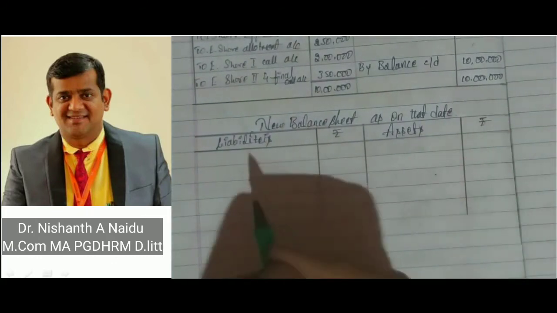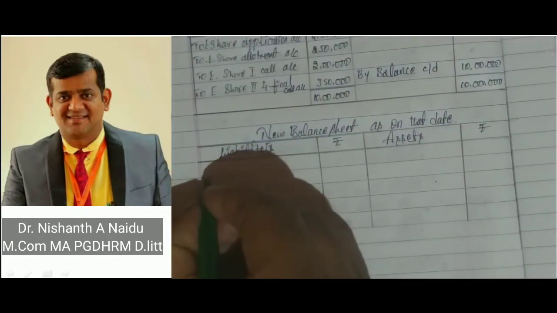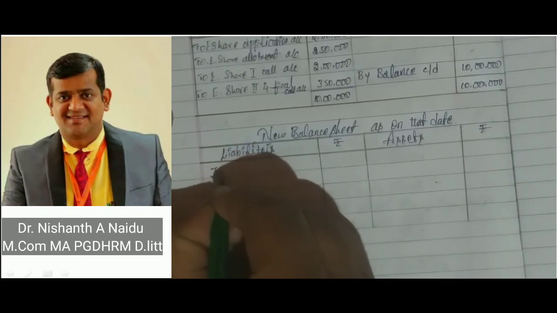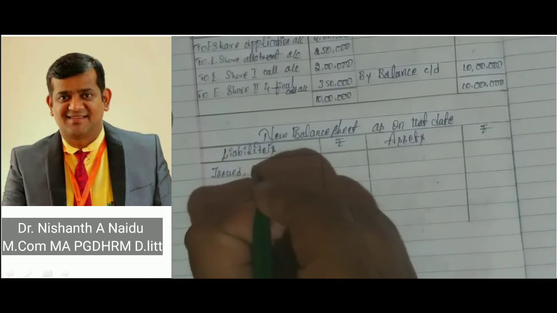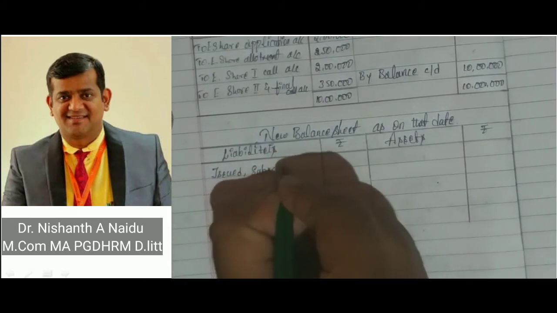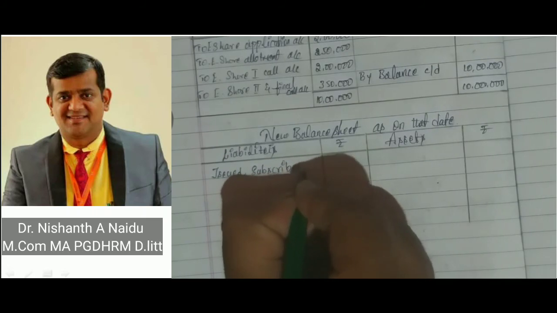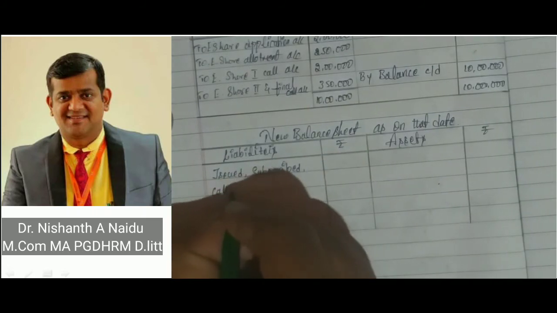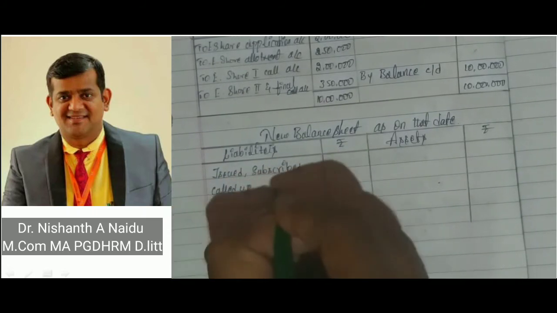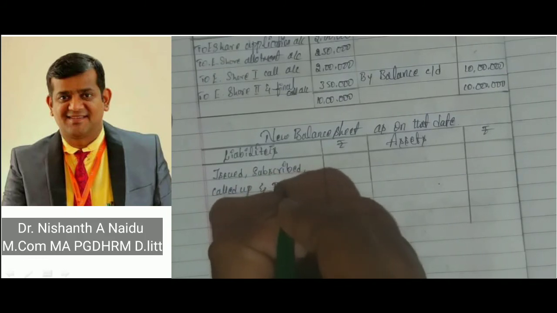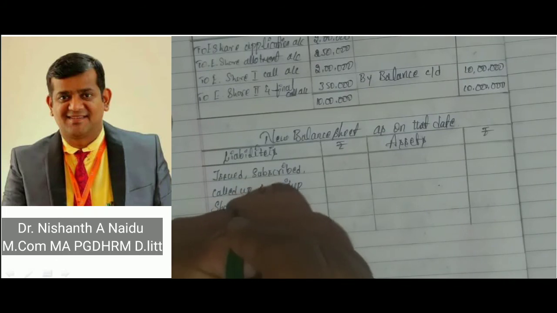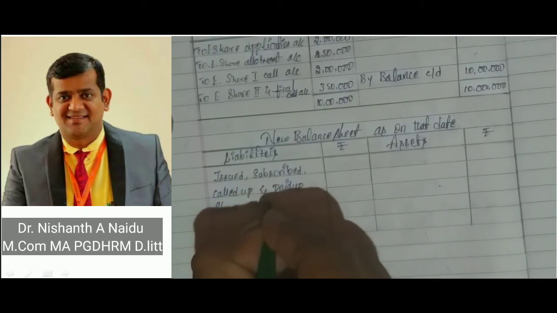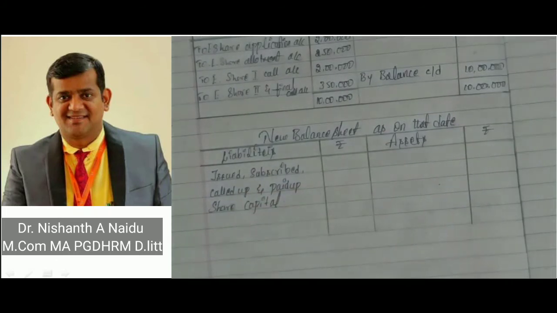What I am writing here is: Issued, subscribed, called up, and paid up share capital. You write this much, okay?